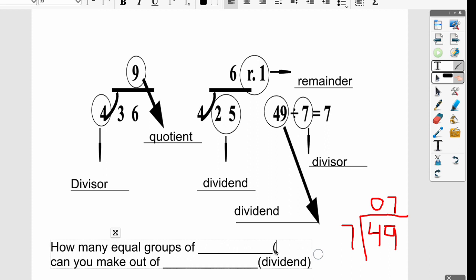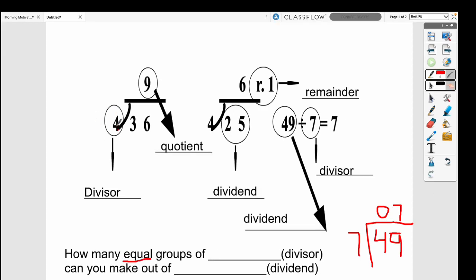So again, that first blank is going to be your divisor because your divisor is doing the cutting. And remember, I told you guys earlier that word equal is very, very important. So with this one, how many equal groups of 4 can you make out of 36? Okay. With this problem here, let's try that.